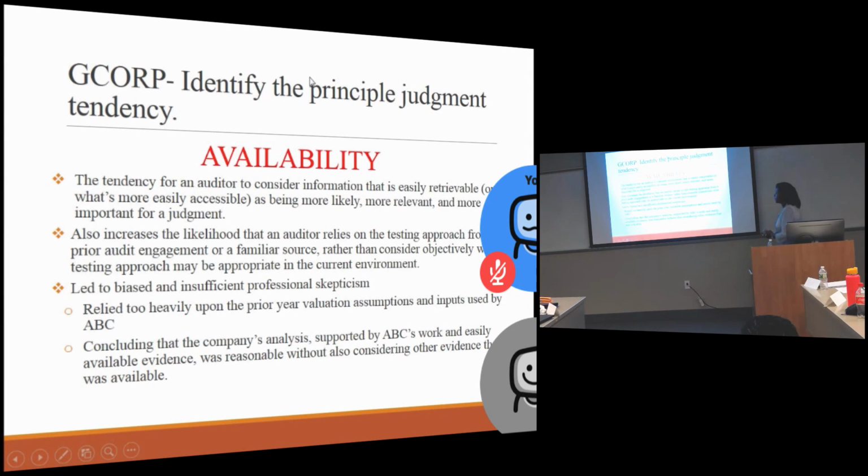So here we have a tendency to consider information that is easily retrievable. Right? That information is easily retrievable for her. She saw that as being more relevant and more important for the judgment. Why? Because she concluded that the expert could be trusted. That's another form of a judgment heuristic, right?